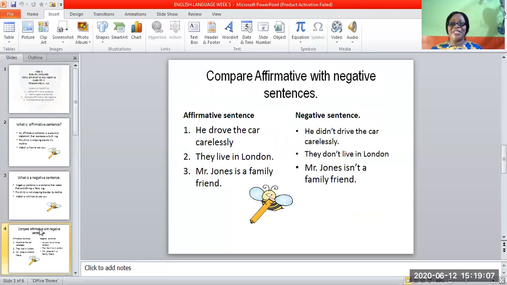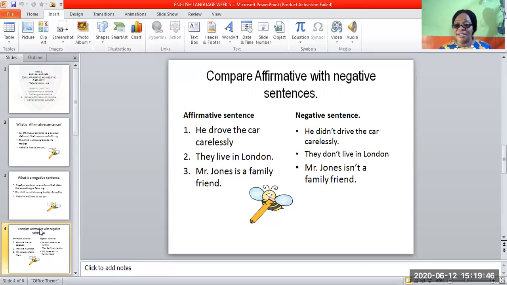Now let us compare affirmative with negative sentences. If we say in the affirmative, he drove the car carelessly, the negative side of that affirmative sentence will be, he didn't drive the car carelessly, or he did not drive the car carelessly.